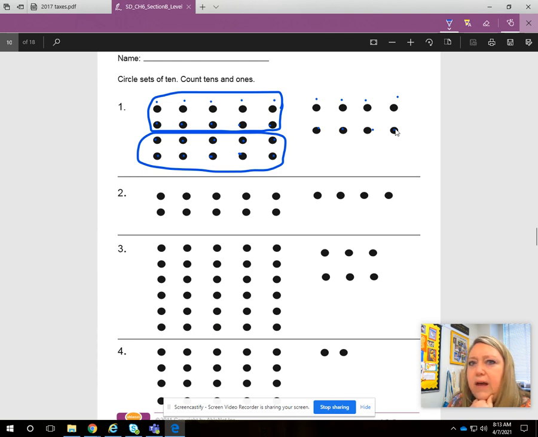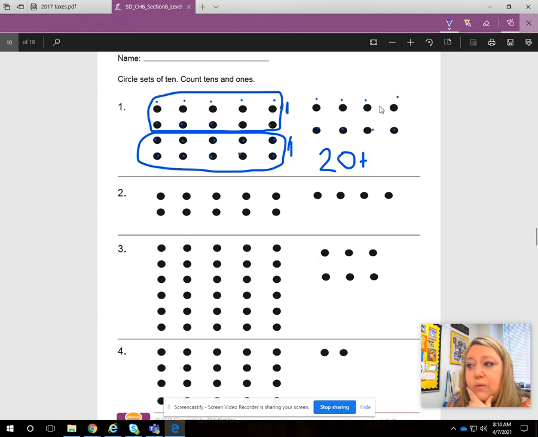Oh, I don't have any more 10s, do I? So I only have this set and this set. So that's 2 sets of 10, which means we have 20. 10, 20. Plus, we need to count our ones.